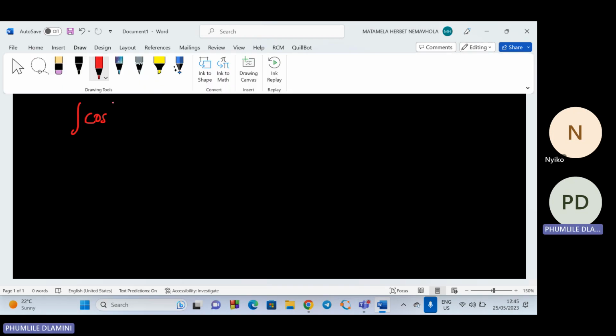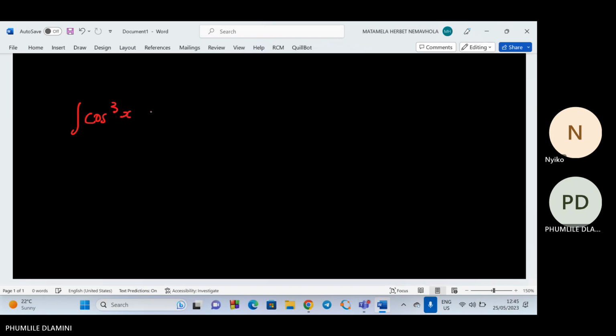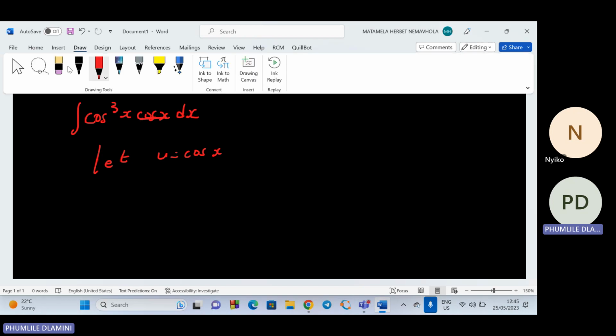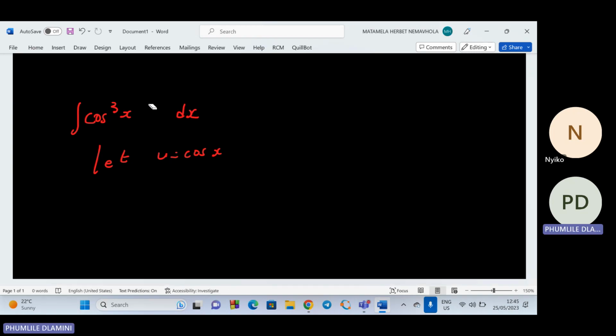This one, they work with substitution. We can let our u equal to cos x. Actually here it won't be cos x, it will be sine. Let's use it as sine x.